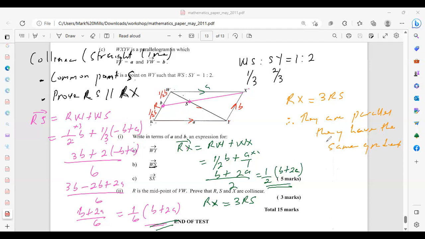Therefore, they have a common point S, and I've proved that RS is parallel to RX. Therefore, RSX is collinear. Collinear. That is my final answer.